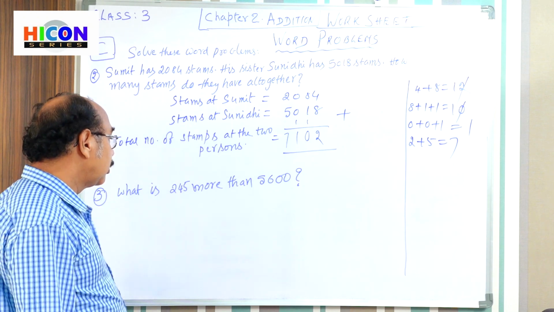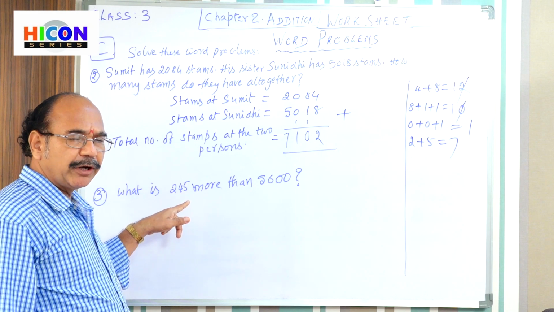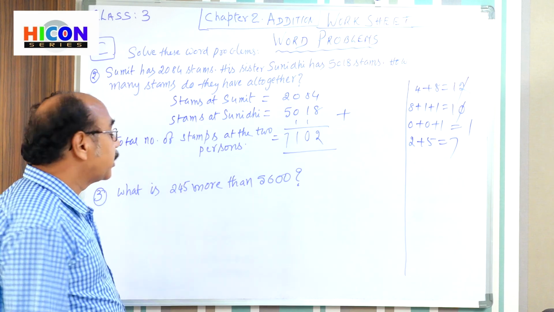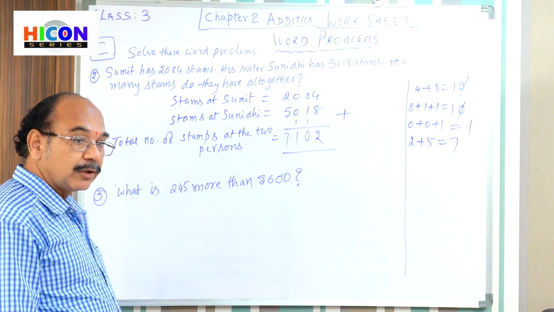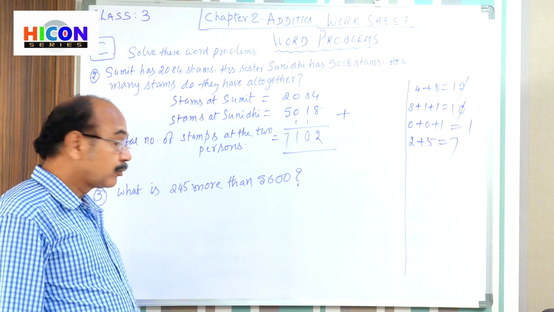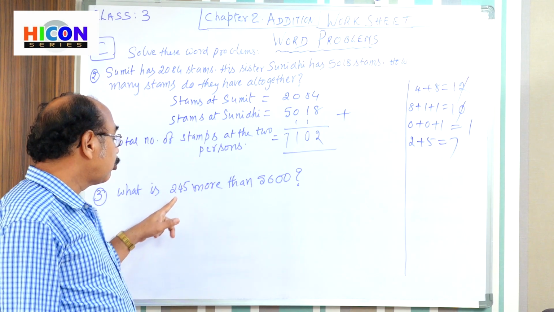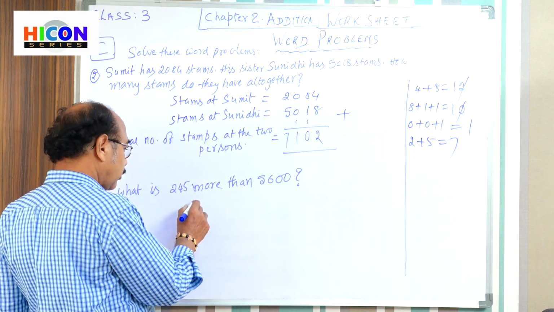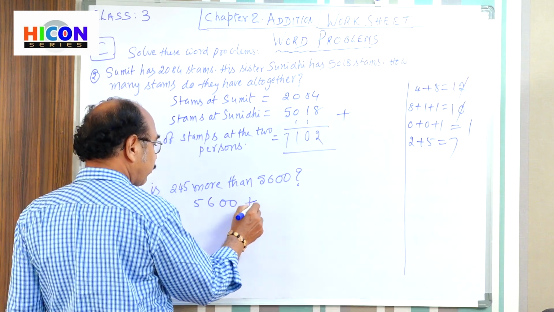So, to know this, we add 245 to this number 5600. More means we add here. Less means subtract. Here what is he asking? 245 more than 5600. So 5600 plus 245.